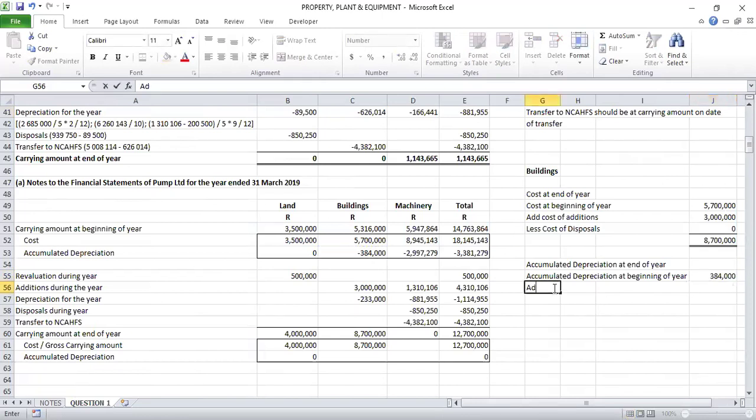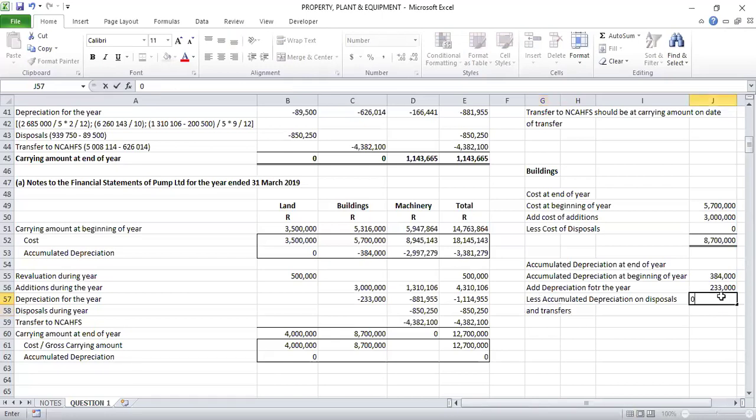Add depreciation for the year, which is this, less accumulated depreciation on disposals and transfers, which is 0.